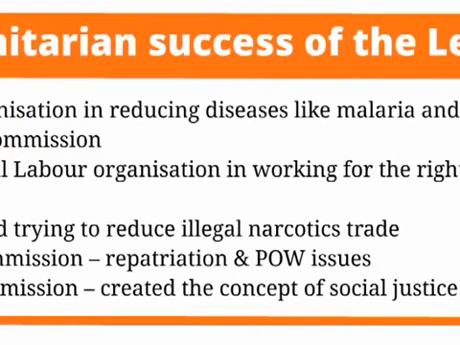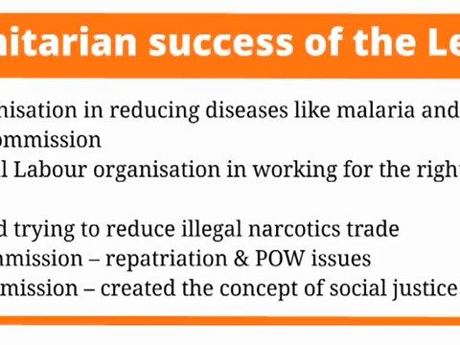The humanitarian successes: there were quite a few successes to do with the League trying to help out in humanitarian causes. For example, the Health Organization reduced malaria and leprosy. The International Labour Organization worked around the world for the rights of workers and was successful in quite a few cases of actually improving their rights.